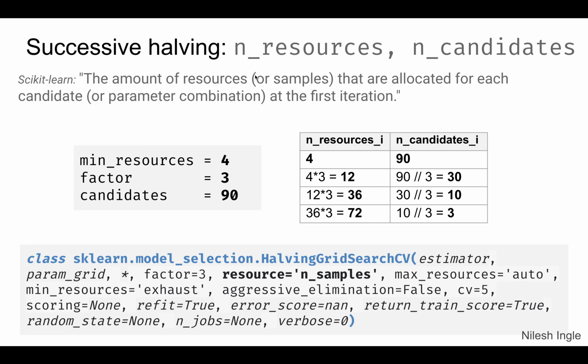Now, two parameters that are important to understand when performing the halving grid search are resources and candidates. By resources, I mean the number of records, and candidates means the number of combinations of the parameters within the grid.